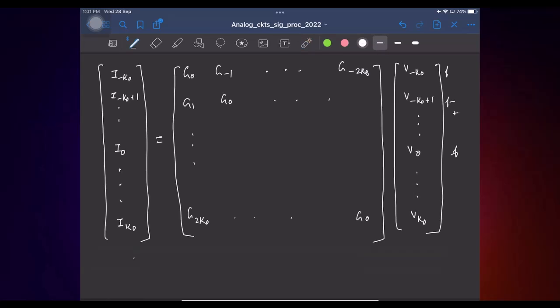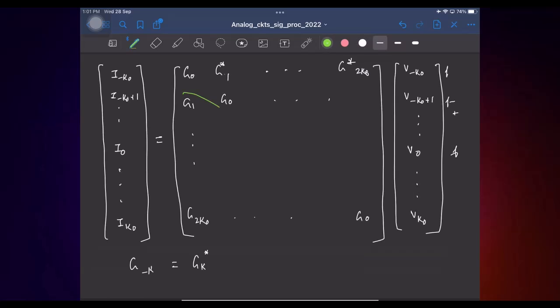So the Fourier series have conjugate symmetry. So G minus K is what? G conjugate of K. So I can replace this as G conjugate 1, this as G conjugate K1.